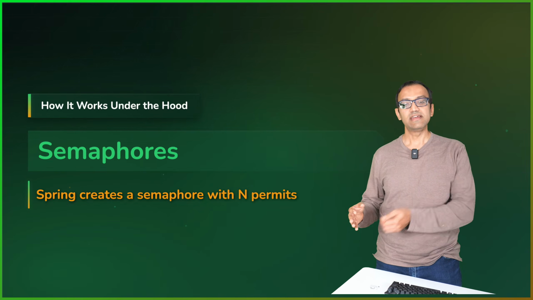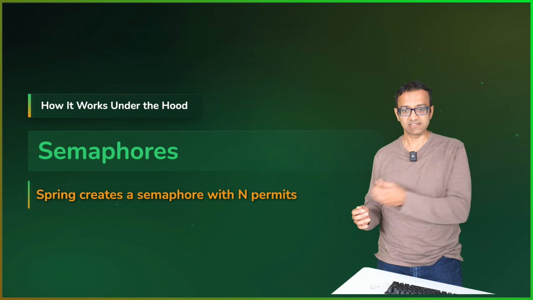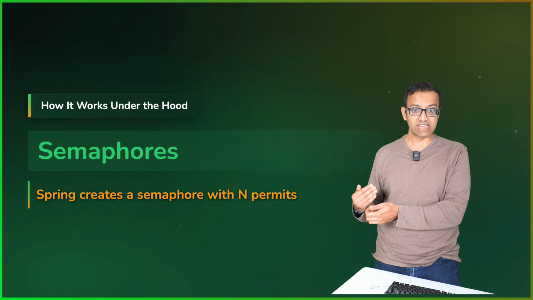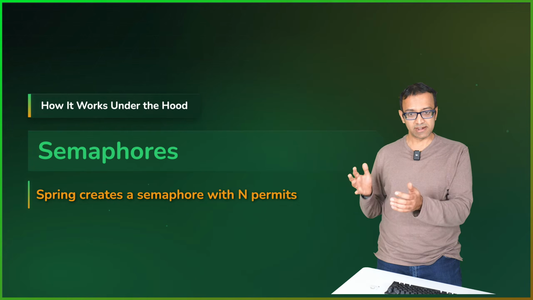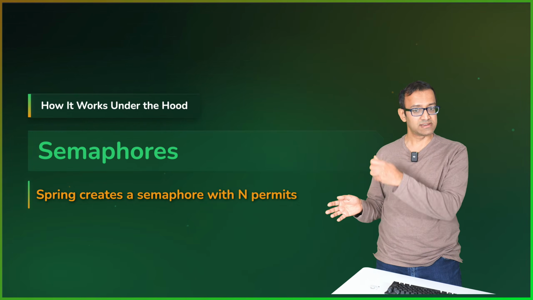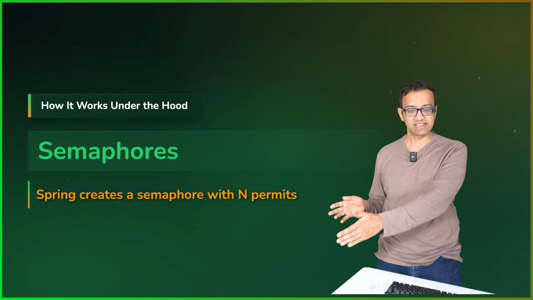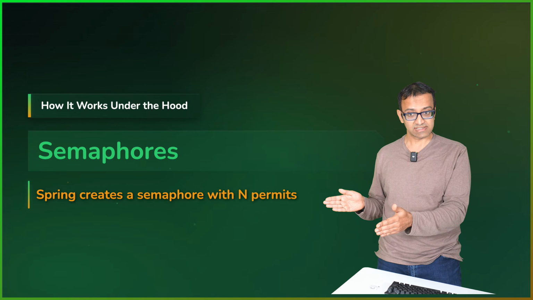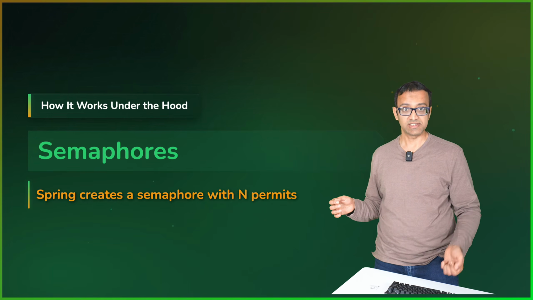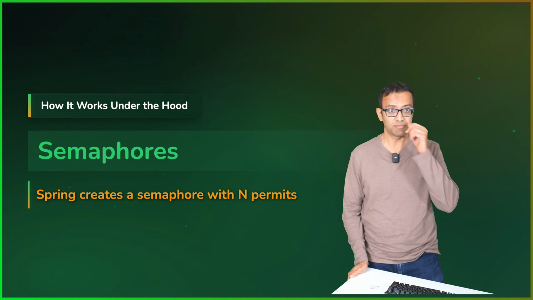The first comes in, takes a permit, and is allowed access. The second comes in, takes a permit, allowed access. If the first is done, it releases the permit and it goes back. If nothing is done, the 10th comes in, gets the permit, and has access. All of them are currently accessing the method. The 11th comes in, there's no more permit, so it has to wait. That's how semaphores work.